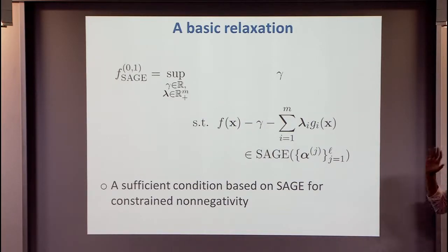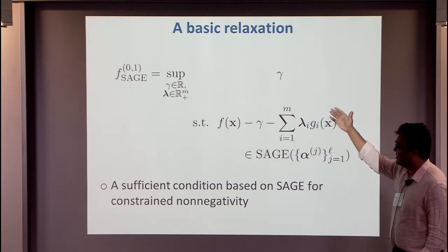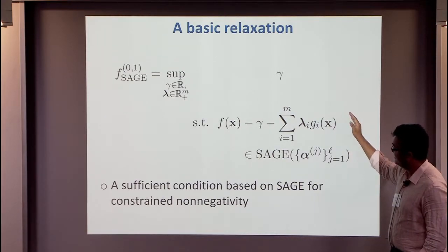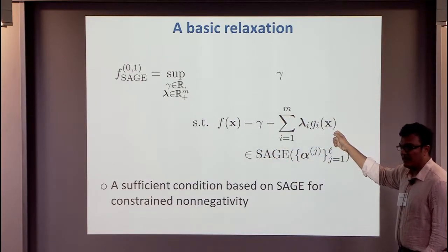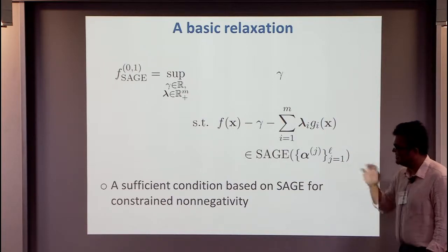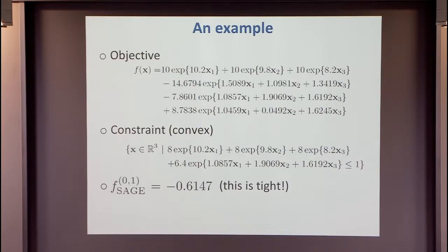This is just, if you wanted to prove a weak duality type argument, if you wanted to compute the Lagrangian dual of your original GP, you would do exactly this and ask that this thing be globally non-negative. You're replacing that with SAGE. Pretty standard. But even this does some interesting things.